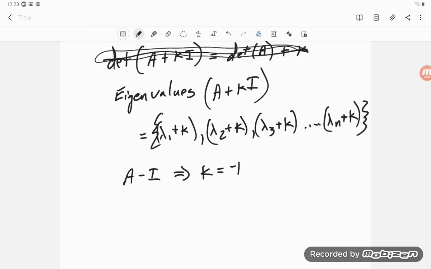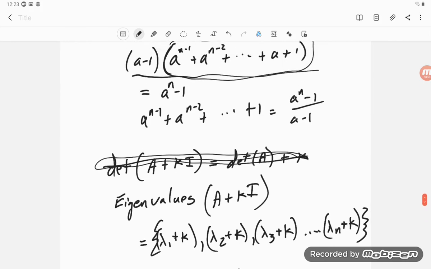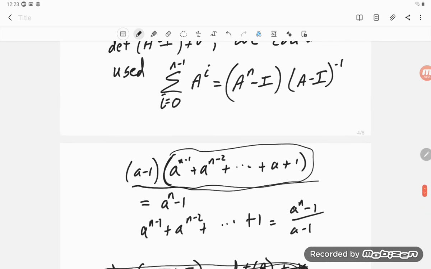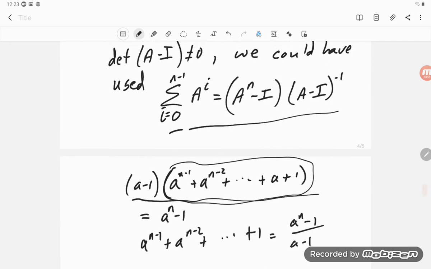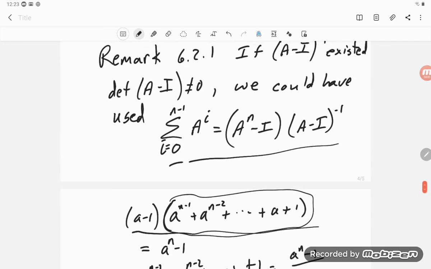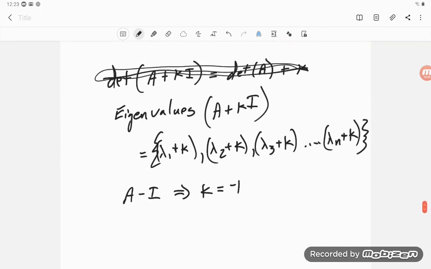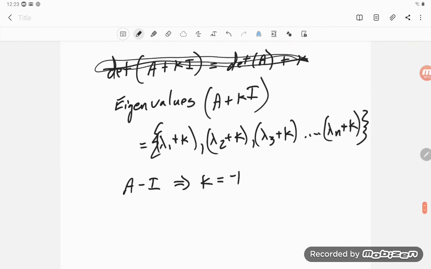They just kind of say it in passing, but that remark 6.2.1 is really quite deep, where they say, oh yeah, well, we can't do this because one of the eigenvalues was 1. There's a lot to that statement, and it comes down to this idea: the eigenvalues of A plus a constant times the identity turn out to be the eigenvalues of A just shifted by that constant.